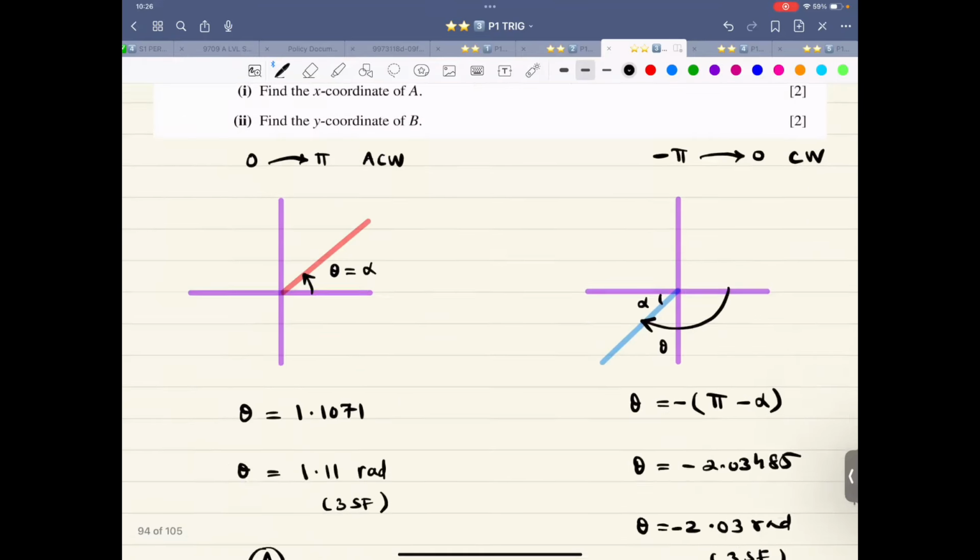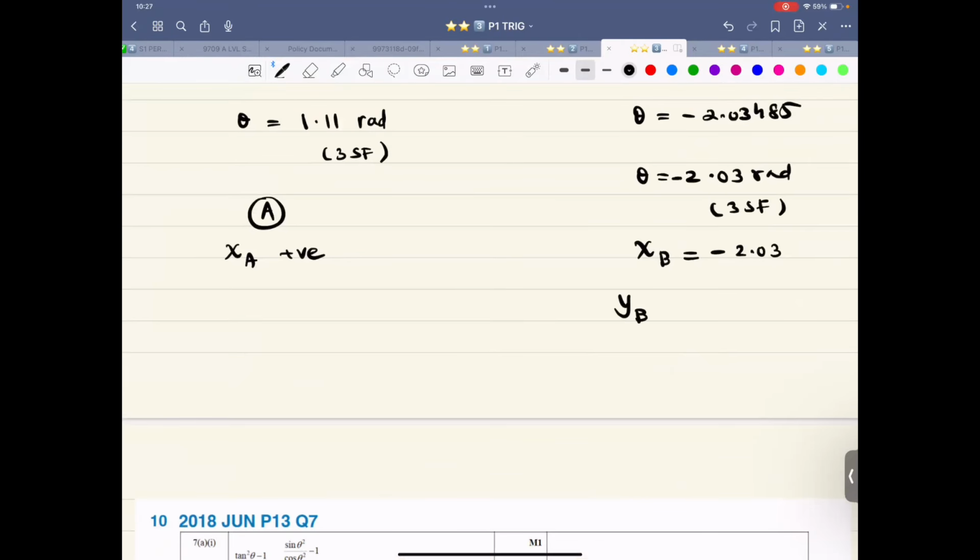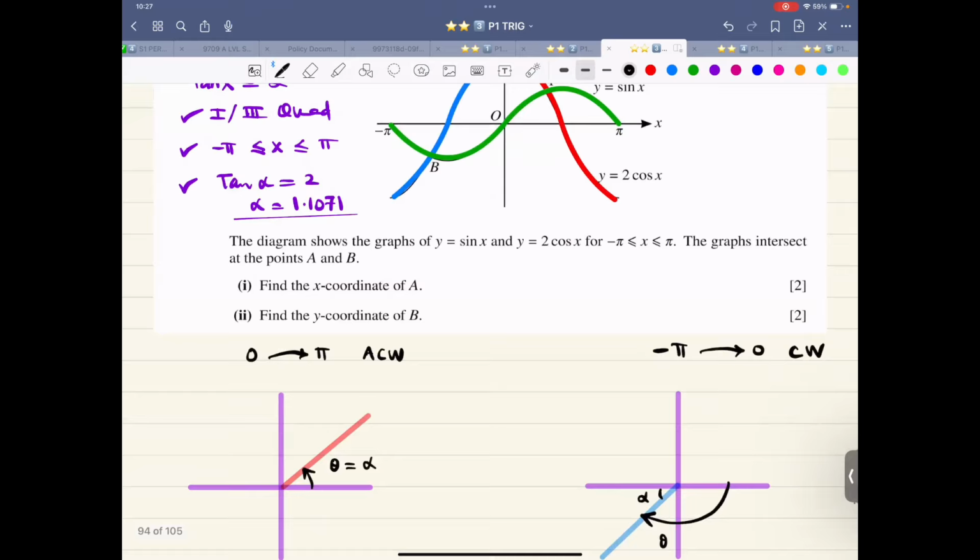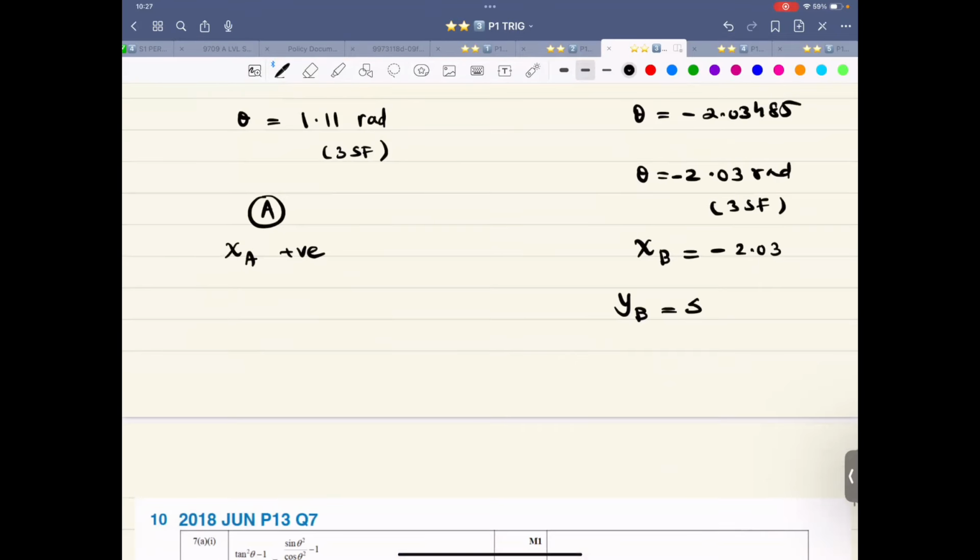They're interested in the y coordinate of B. So y coordinate of B, sine x is 2 cos x. So just evaluate sine of negative 2.03. Unrounded value, 2.03485, and this is negative.